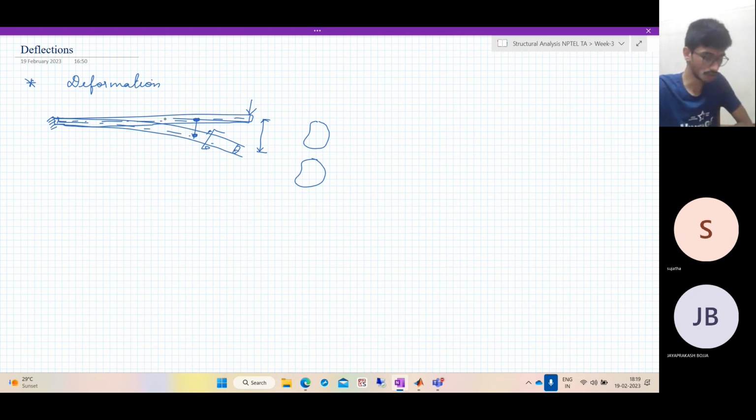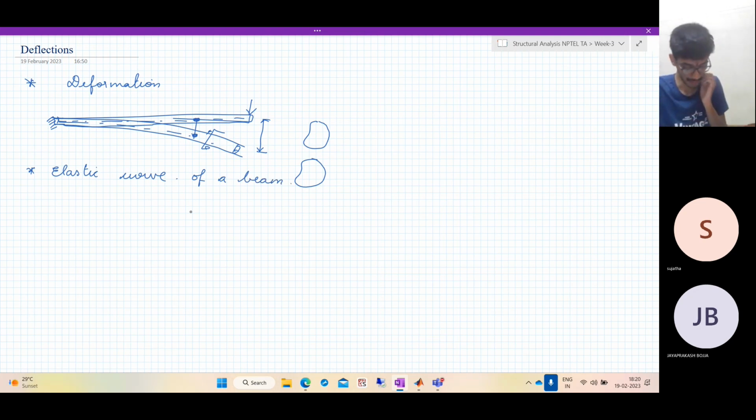Then the other thing that we need to know is the elastic curve. What is an elastic curve of a beam? This is also simple.